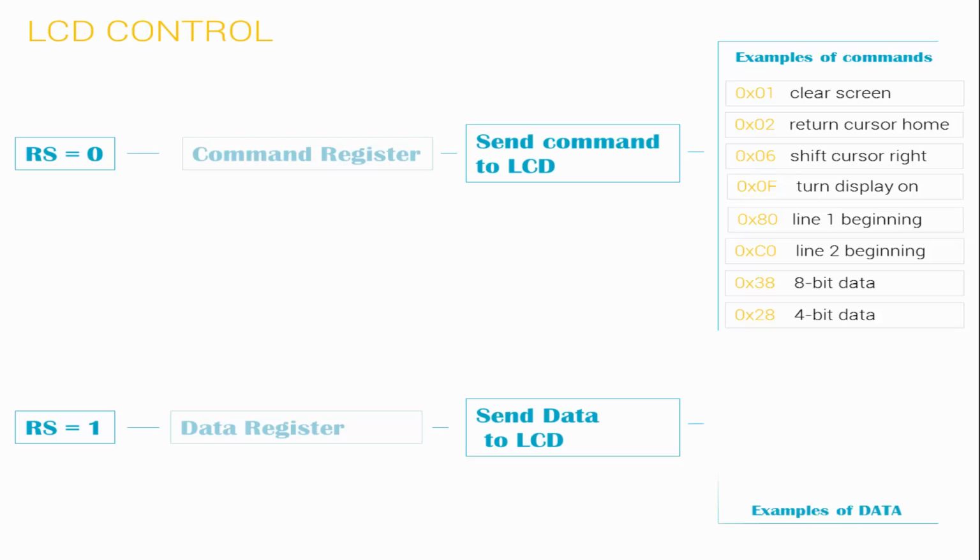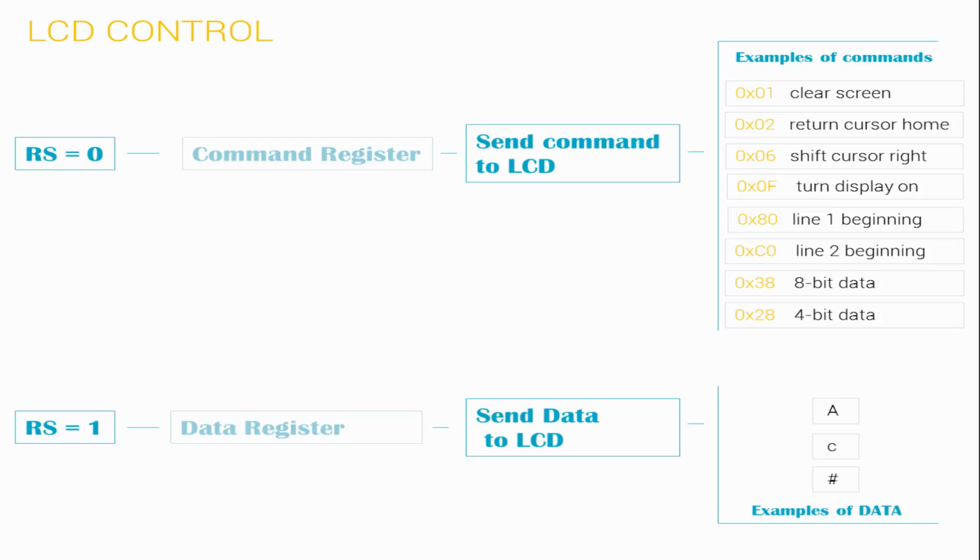And with data, it's an ASCII value. For instance, if you type A, C, hash, ampersand, any ASCII value can be sent, and we send a character at a time. That's how we send data to the LCD.